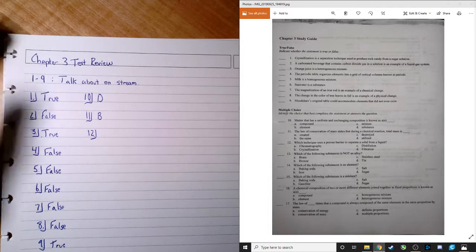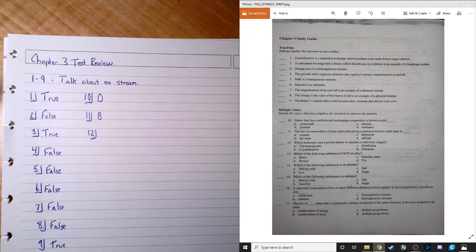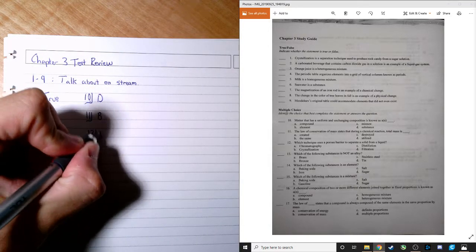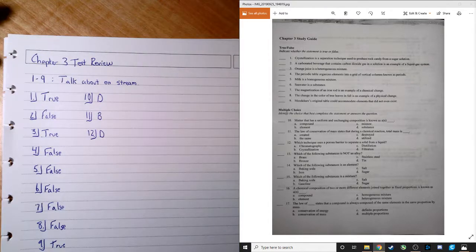We have a mixture that's poured through a filter, generally filter paper in chemistry. That would be your porous barrier. Then it's folded into a cone shape. Then you have a liquid that passes through this, leaving behind a solid or whatever you were trying to filter out. So our answer here is filtration. That's letter D.